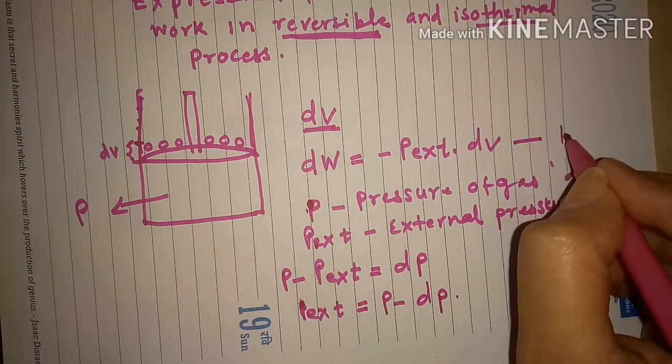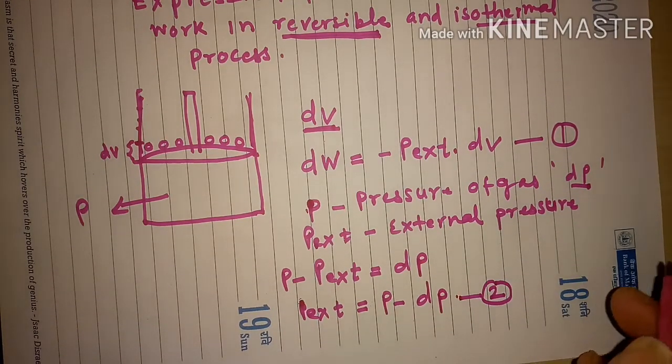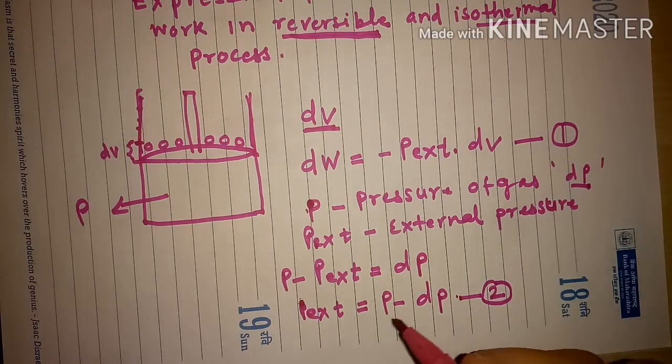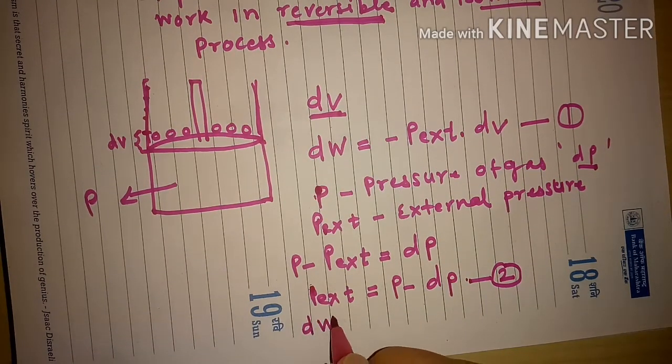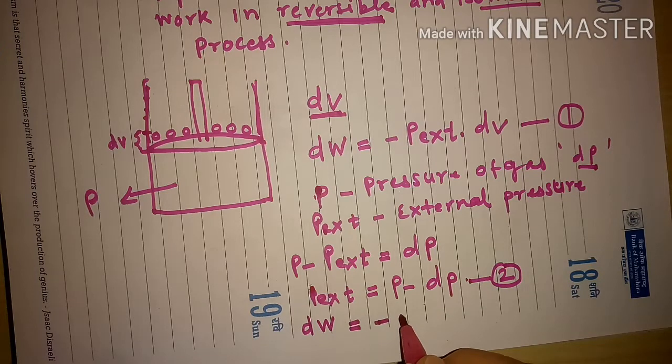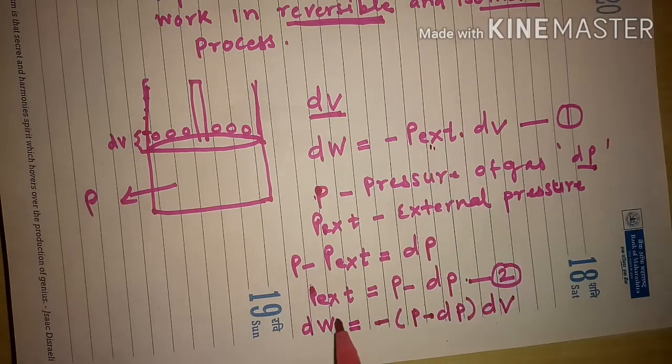Number this as equation number 1, and this as equation number 2. Now on combination of these two equations, we can write dW is equal to minus P minus dP into dV, substituting the value of P external, P external equals P minus dP. So dW is equal to minus P minus dP into dV.